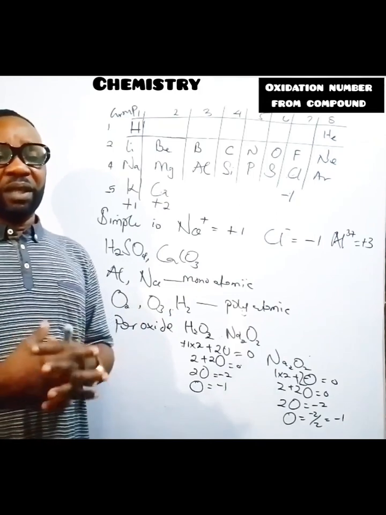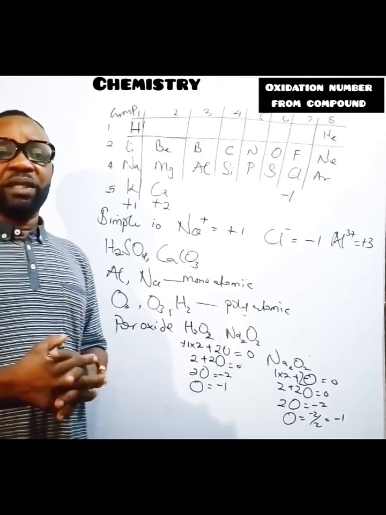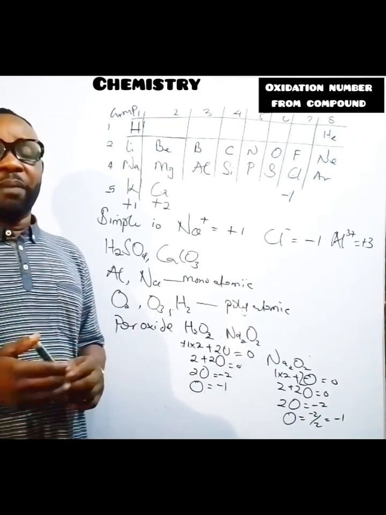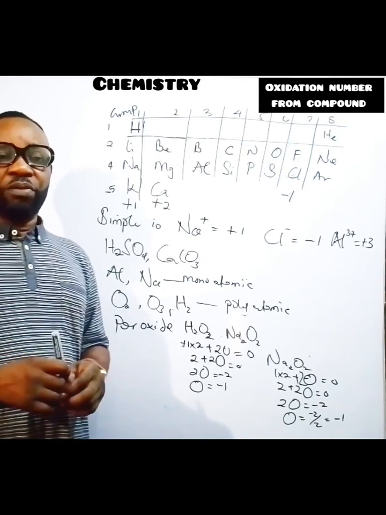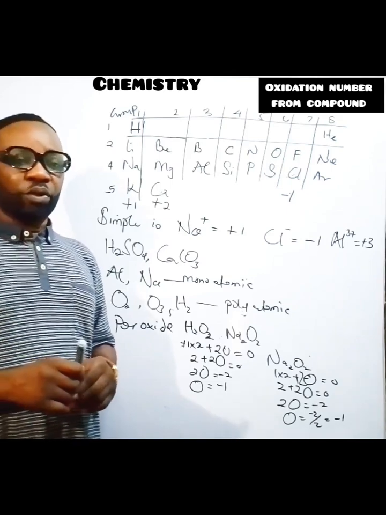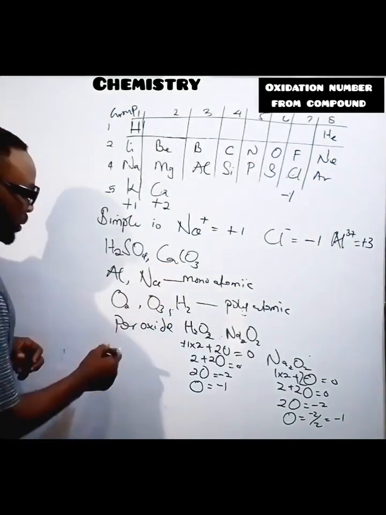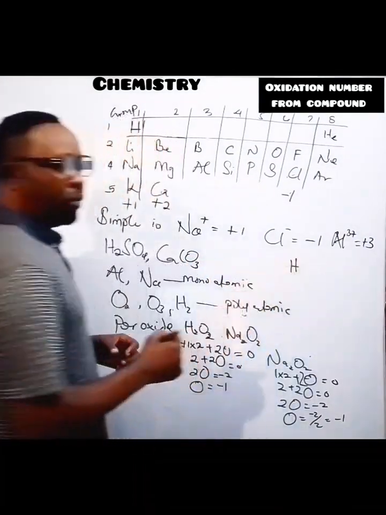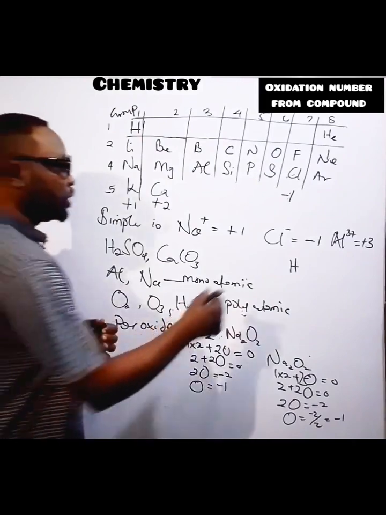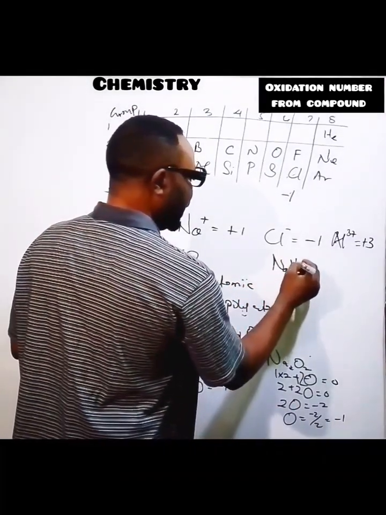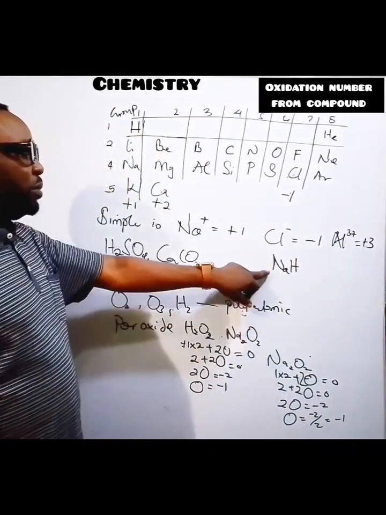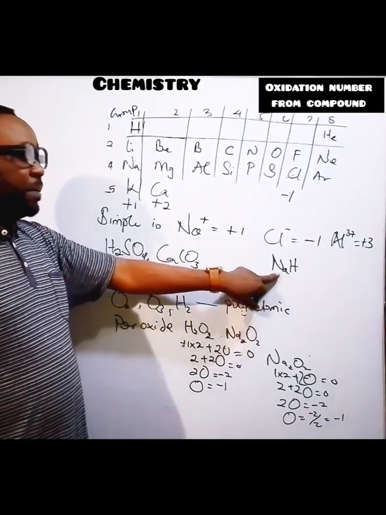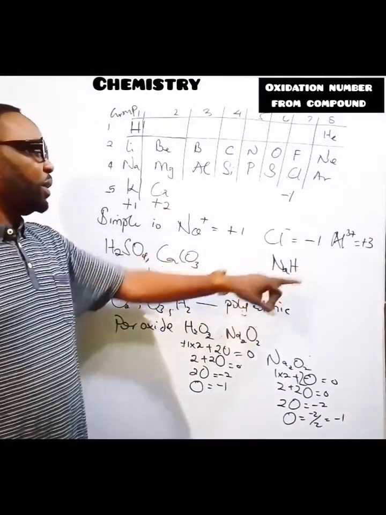The exception is that when hydrogen is in a binary compound with a metal atom, it becomes -1. Let's do that. For example, hydrogen combining with an atom like sodium, NaH. Don't forget that sodium is a metal combined with hydrogen.